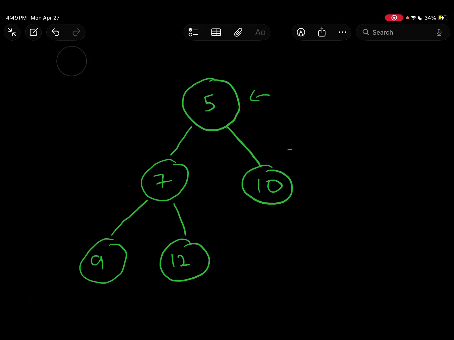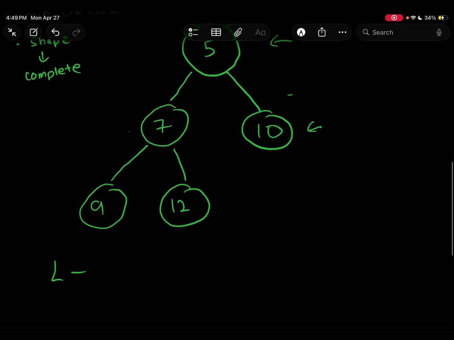So for a heap to be considered valid, it needs two properties. The first is it has to be min or max, right? The second is the shape property, which essentially is just that the tree has to be complete. It is considered complete when all the levels are completely full, except the leaf level, and the leaf level has to be filled from left to right.